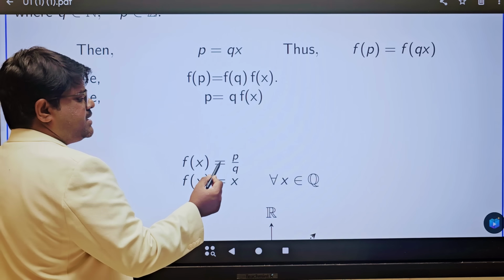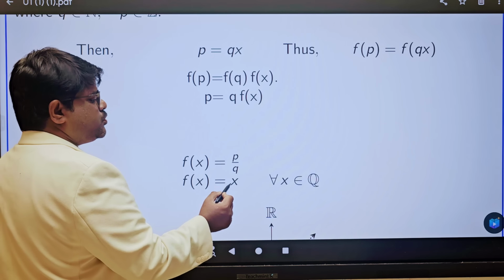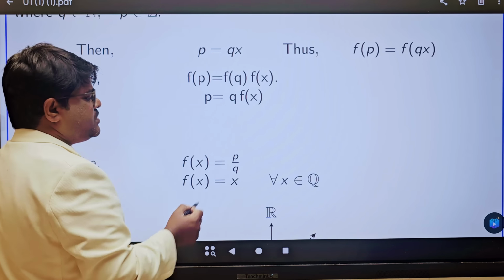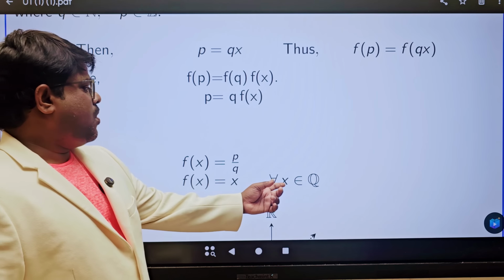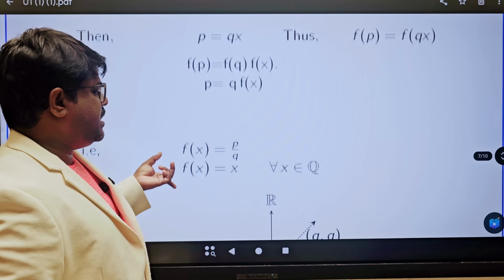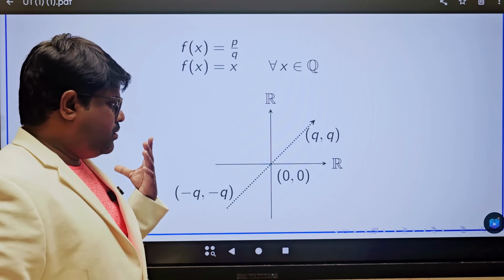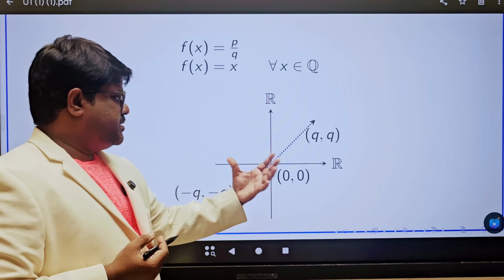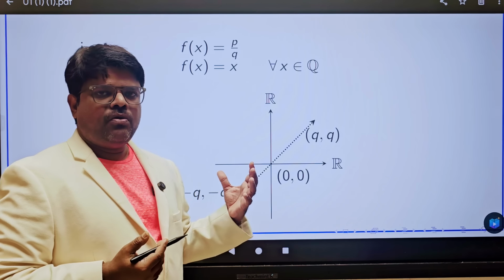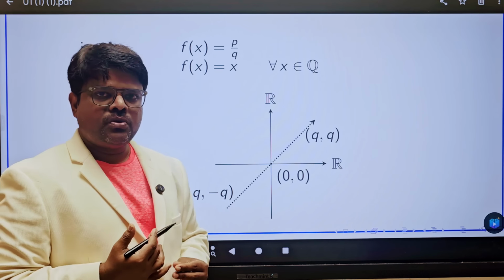That is f of x equals p by q, so f of x equals x, for all x belonging to the rational numbers. So again we have got some more points. Now almost this graph is completed, but we have to find out for irrational numbers also.